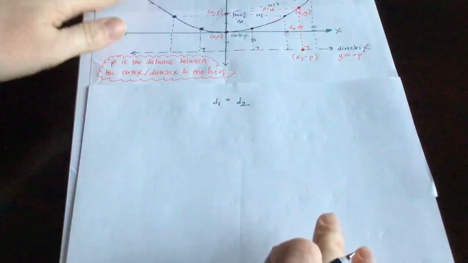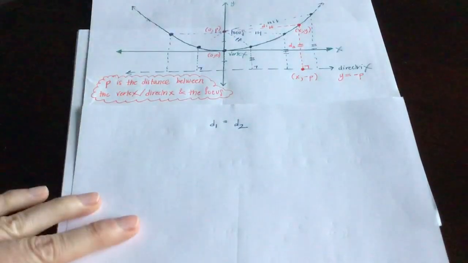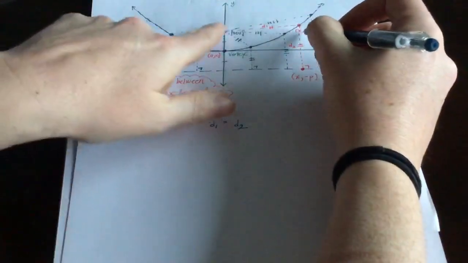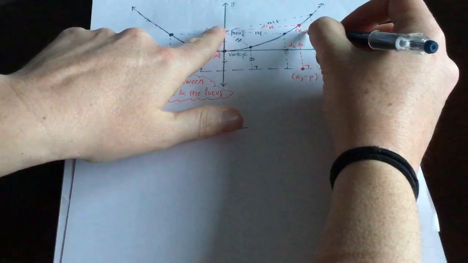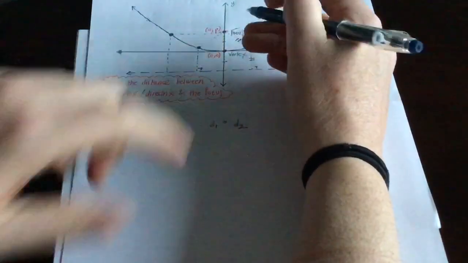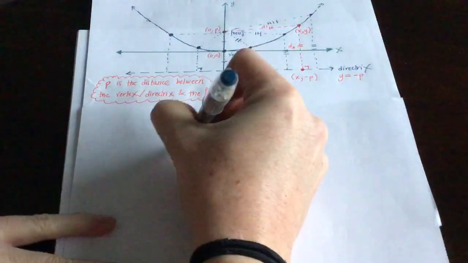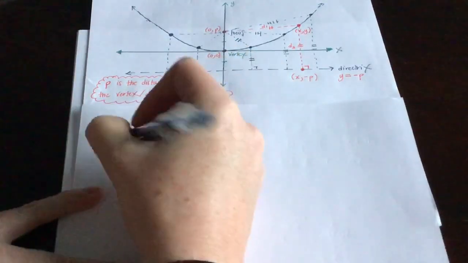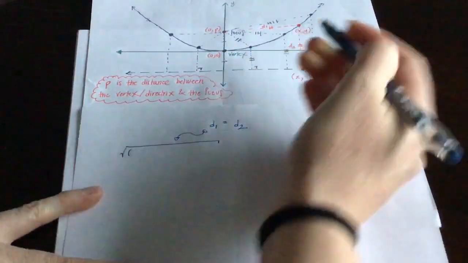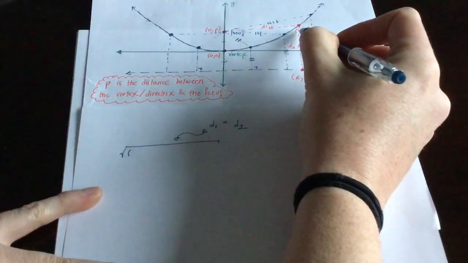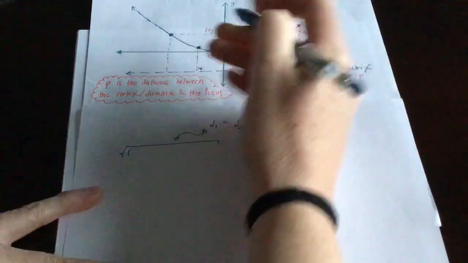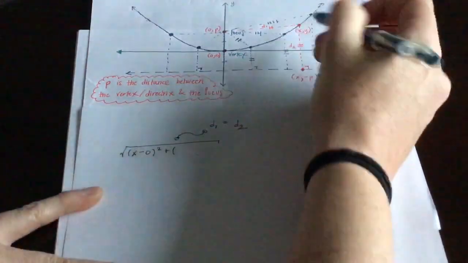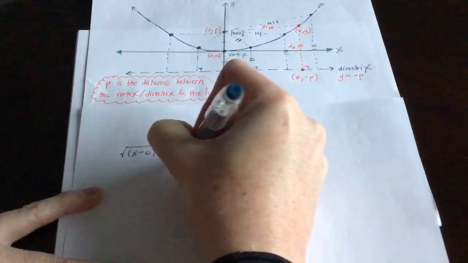Okay, now from there, we're going to use the distance formula. For distance 1, we're going to express the distance between (x, y) and (0, p). So distance 1 would be the square root of (x minus 0) squared plus (y minus p) squared.